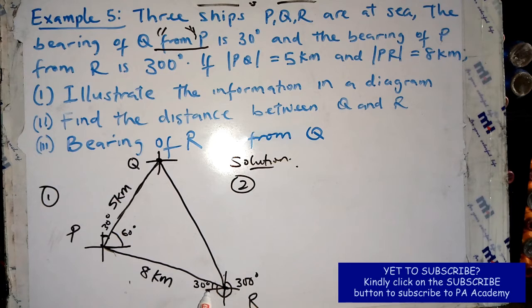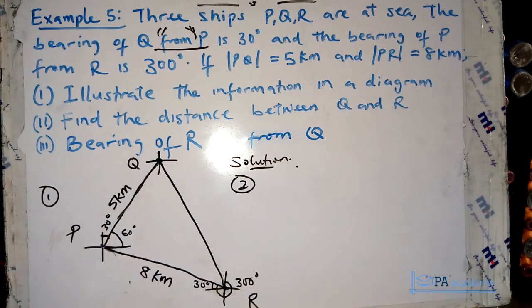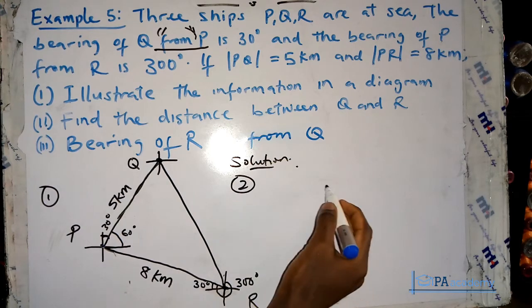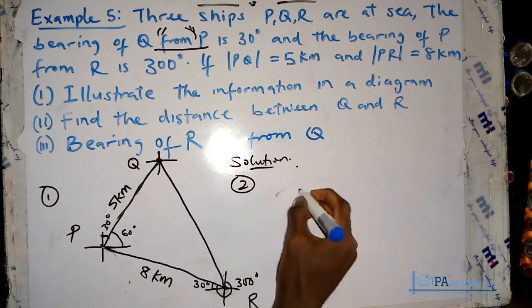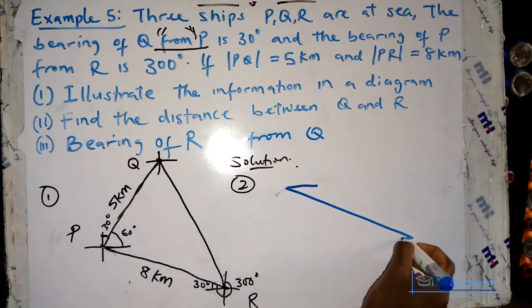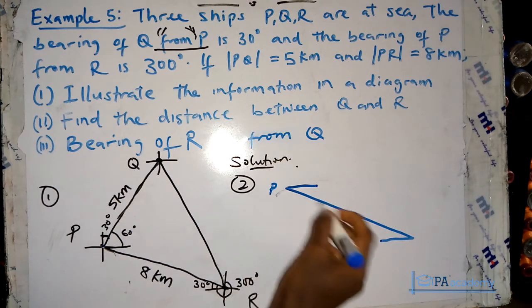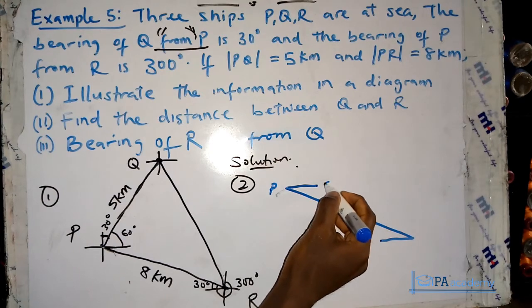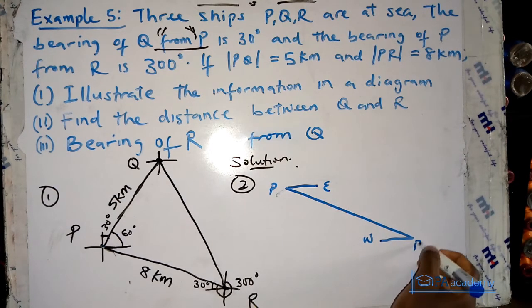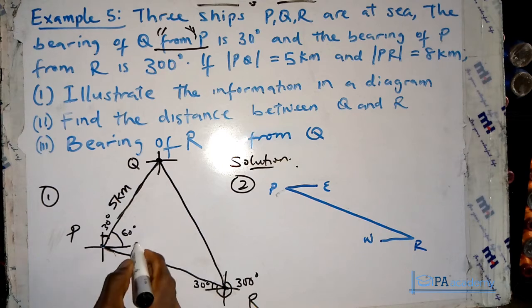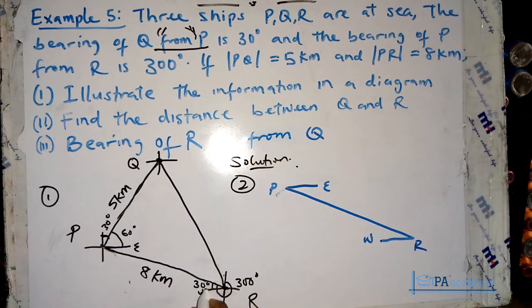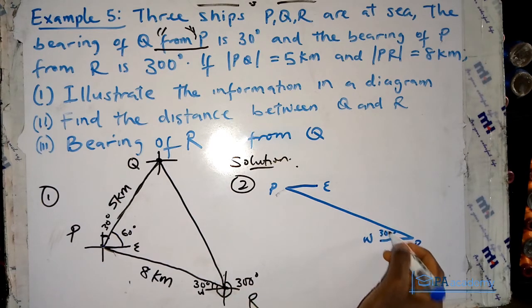Now, if you look at this angle here, this west, straight to point P, straight to the east, is forming what we call a Z angle. Here this is point P, this is the east, this is the west, and this is point R. We have this angle to be 30 degrees.